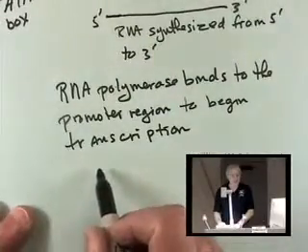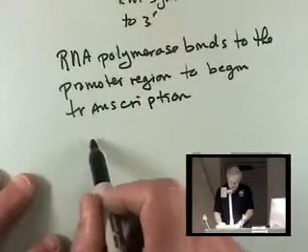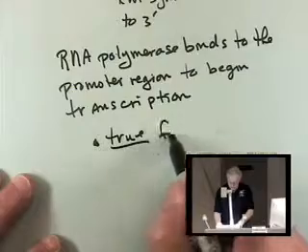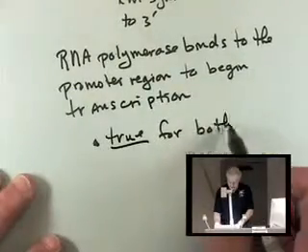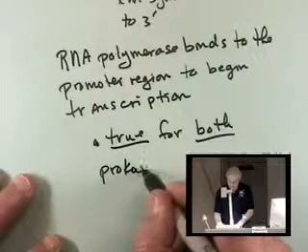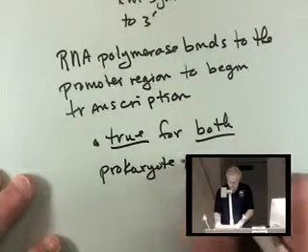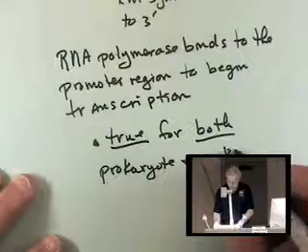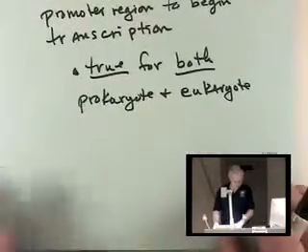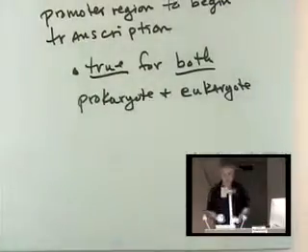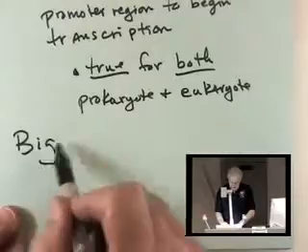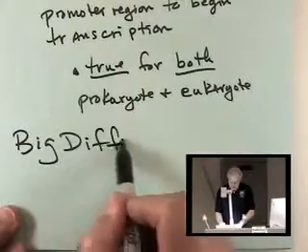So everything we've said so far is true for both the prokaryote and eukaryote. So far we're true on both of them, and we want to go on to talk about big differences.